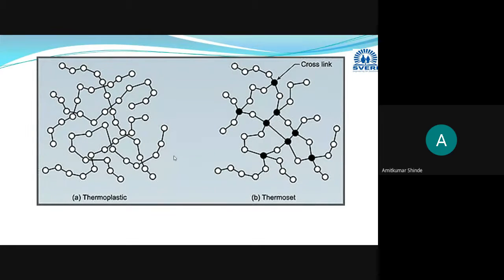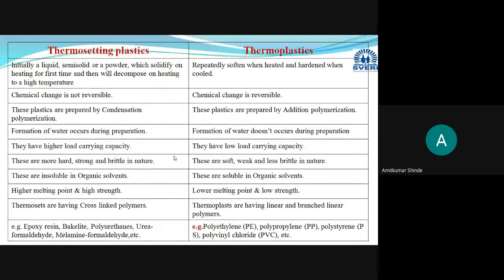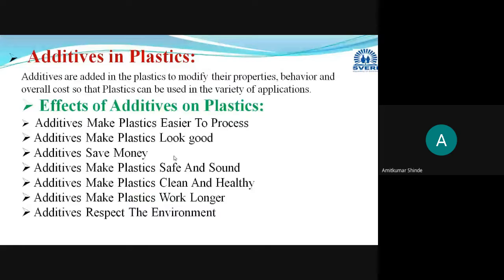Depending on this basic structure, we discussed the various comparison points between thermosetting plastics and thermoplastic materials related to their properties, which chemical change is occurring there, and what will be the effect of heating or cooling on that particular type of material, along with a few examples.